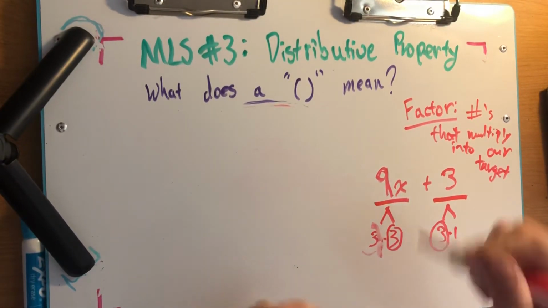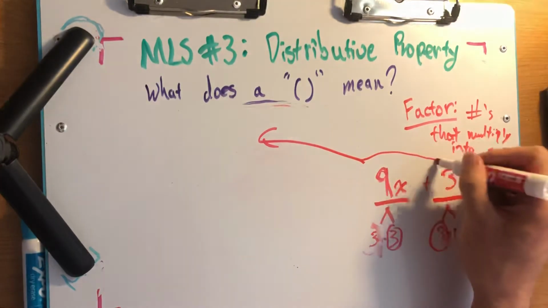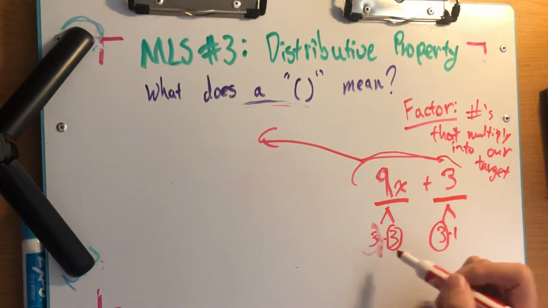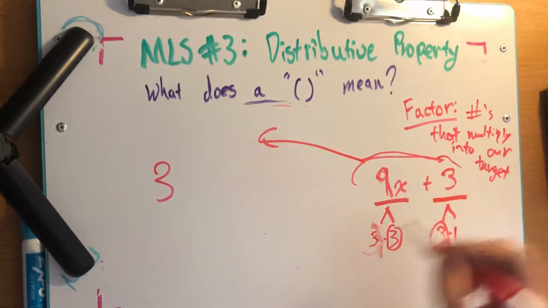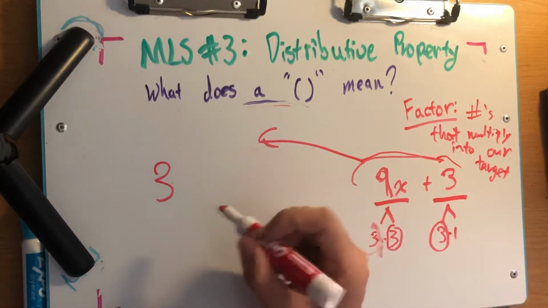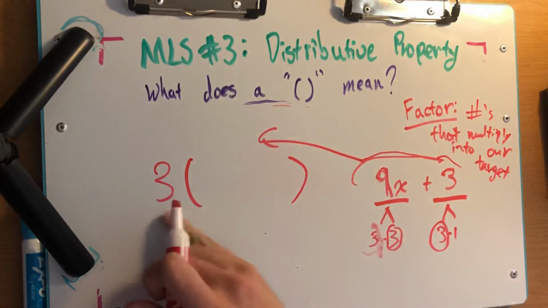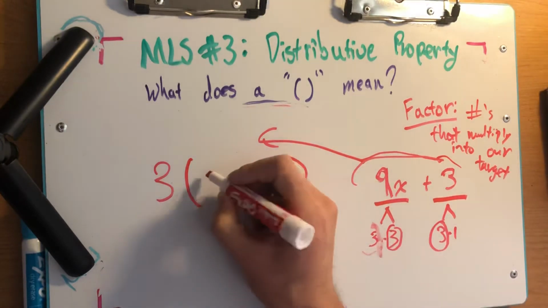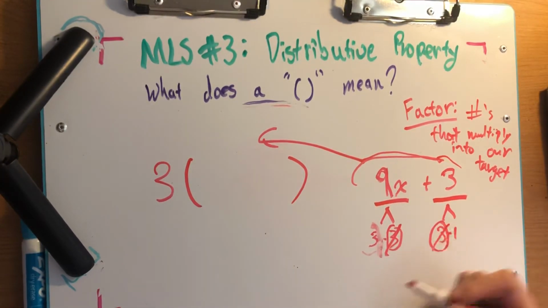Then that means, let's go over here because there's more space, this whole thing. We could take a 3 out because we know a 3 is multiplying both of these two pieces. And so if we have 3 of these baskets, how much are we left with? Well, we took out this 3 and we took out that 3.